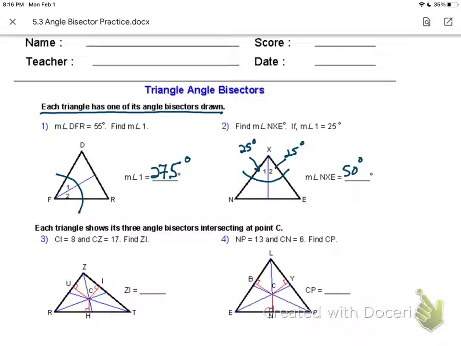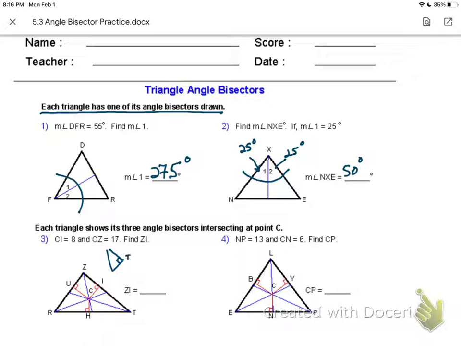They are saying if CI is 8, so maybe I can make this bigger. That doesn't really work that way, so let me go back and redraw this. What they're doing is giving you information about this triangle.